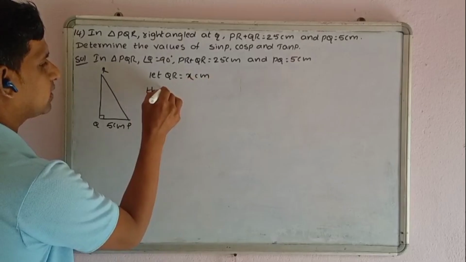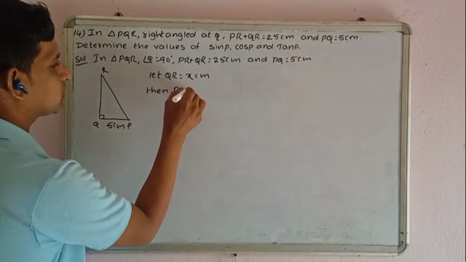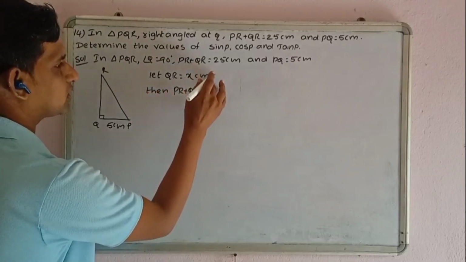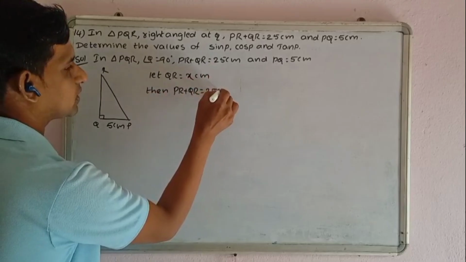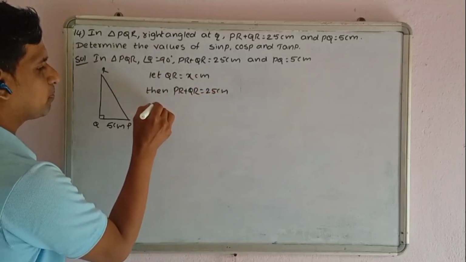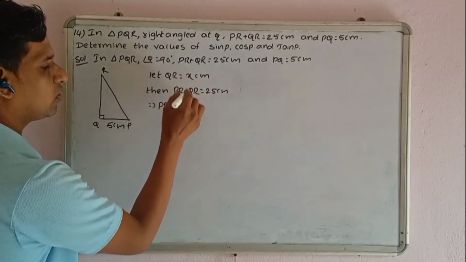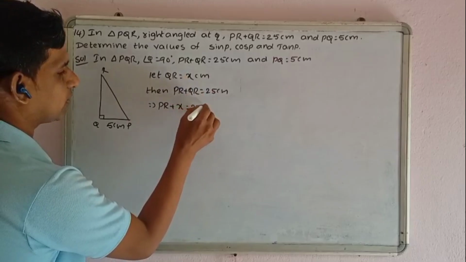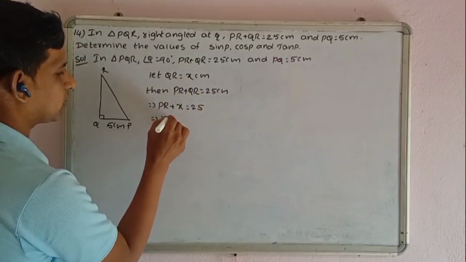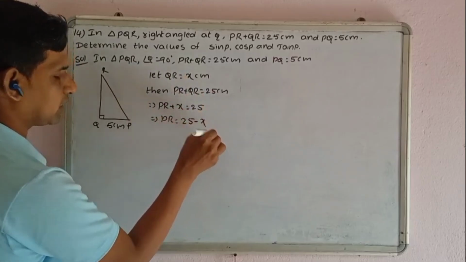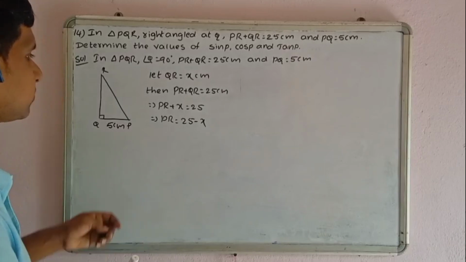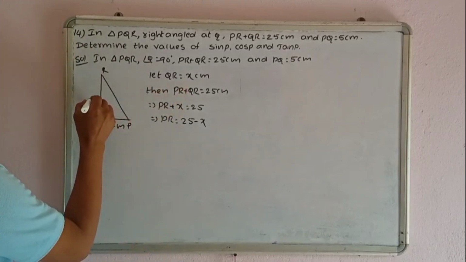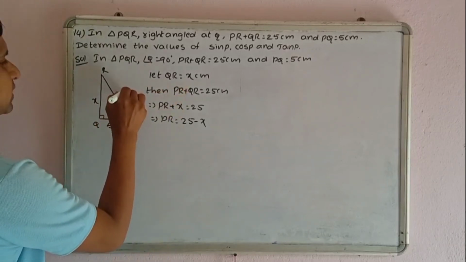Then PR plus QR equals 25 centimeters, so x plus PR equals 25. So PR equals 25 minus x, and QR value is x.